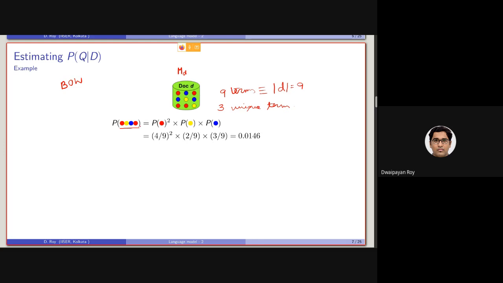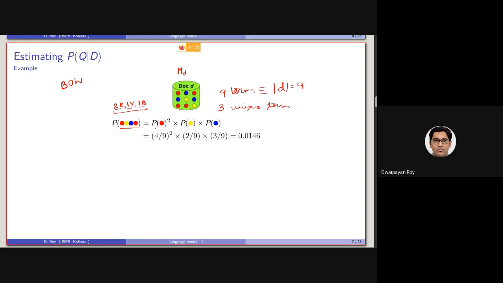Although this is a sequence, it is essentially 2 red, 1 yellow and 1 blue in no particular order. This is the same as red, blue, red, blue, yellow, or blue, yellow, red, red, or any other combination. So there is no ordering. All we are ending up with is 3 query terms, one query term occurring twice and the other 2 occurring only once.